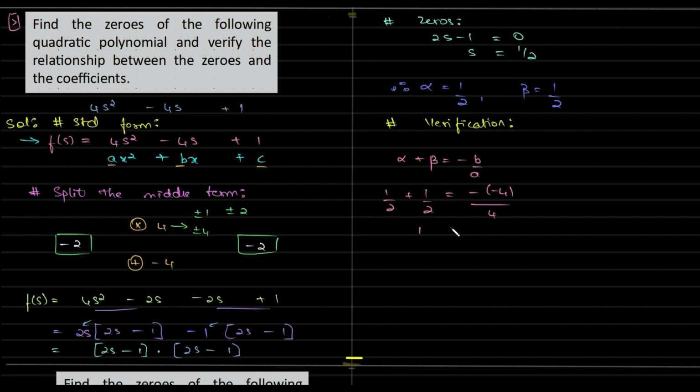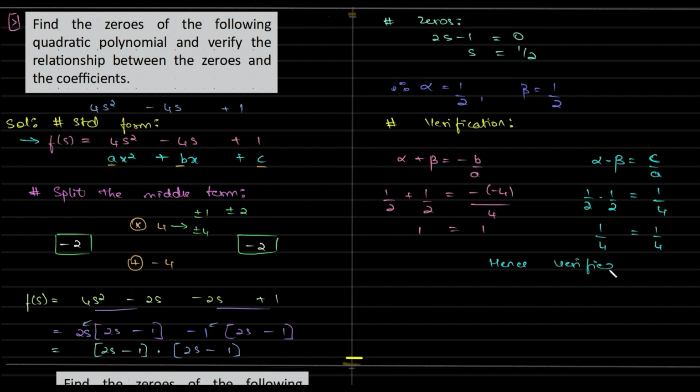Half plus half is 1, minus of minus 4 is plus 4, plus 4 divided by 4 is 1. Next is alpha into beta is equal to c by a. So half into half is equal to c being 1, a is 4, so 1 by 4 is equal to 1 by 4. Quite simple, right? Hence verified.